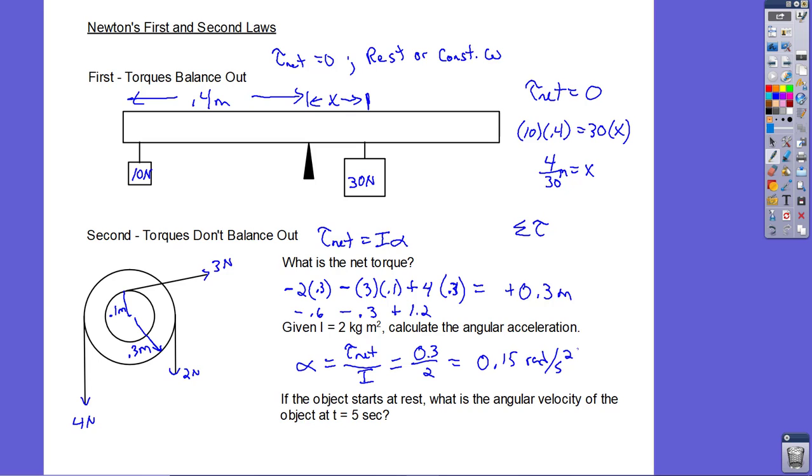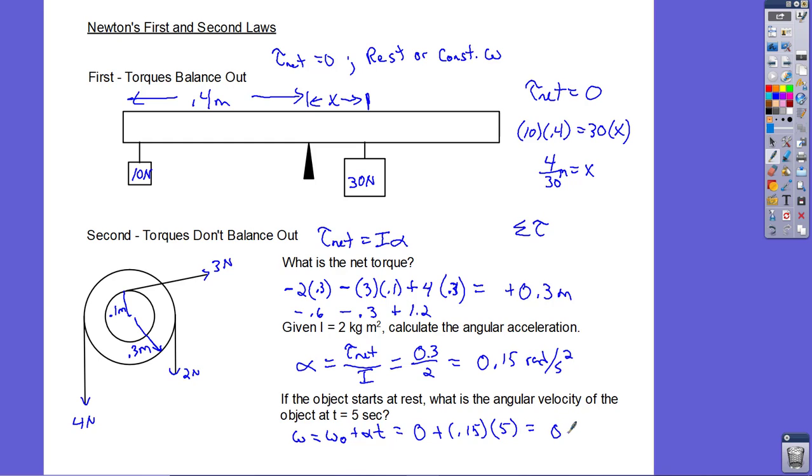And then if it starts from rest, what is the angular velocity after 5 seconds? Okay, so we know that we have another formula there. Omega is equal to omega naught plus alpha t. So we've got 0 plus alpha, which was 0.15, times t is 5.